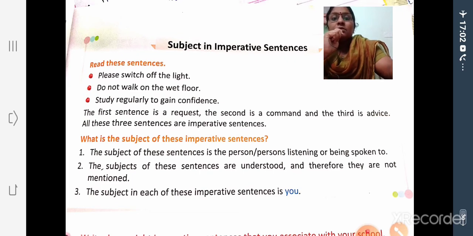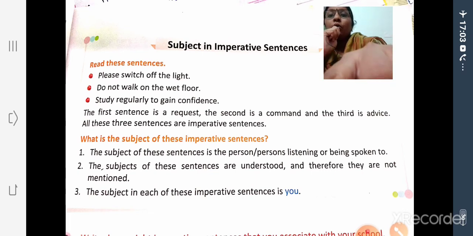Take the medicines regularly. Cross the road carefully. Get out of the room. That is also an imperative sentence, an order. So what is the subject in an imperative sentence? That is what we are going to study.